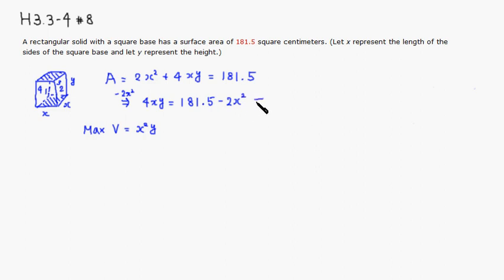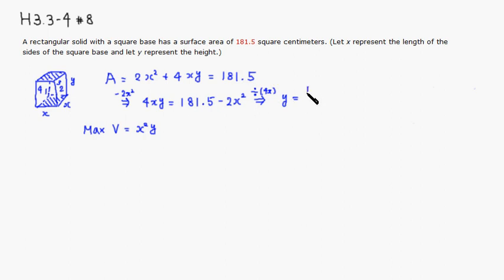Then, to isolate y, I need to get rid of 4x, so I'm going to divide through by 4x.